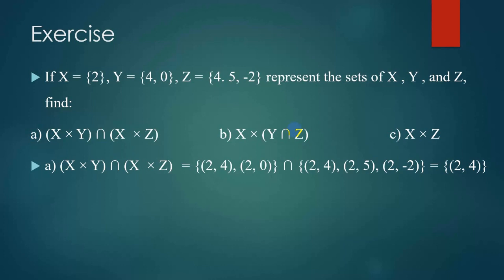Okay? Number B, x cross (y intersection z). This is a Cartesian product of x as the first set and the intersection of y and z as the second set.